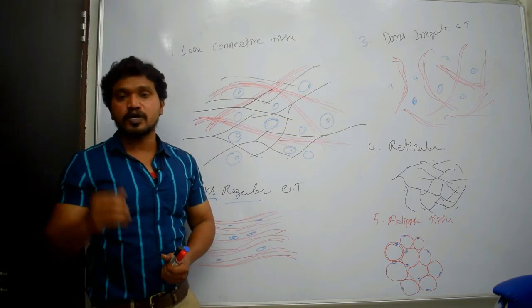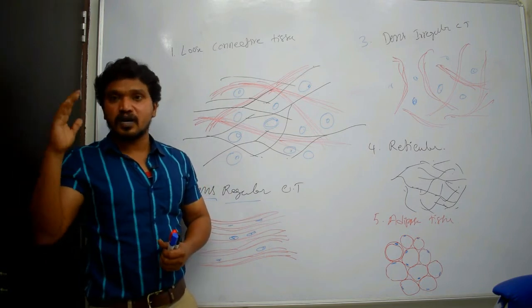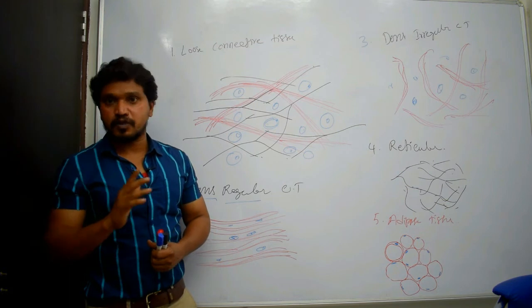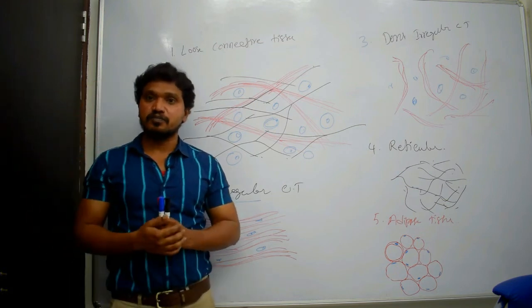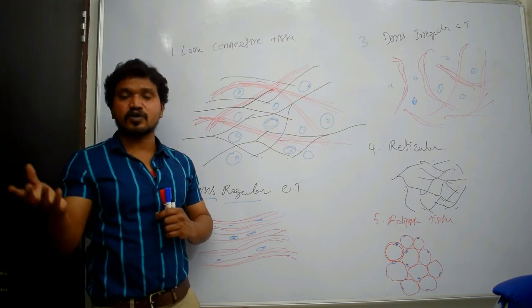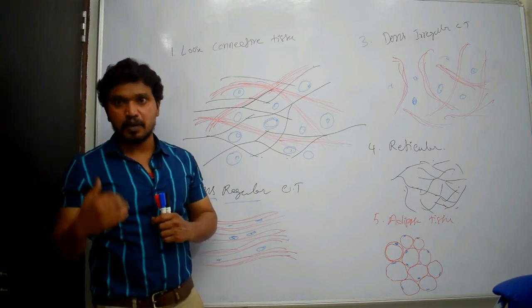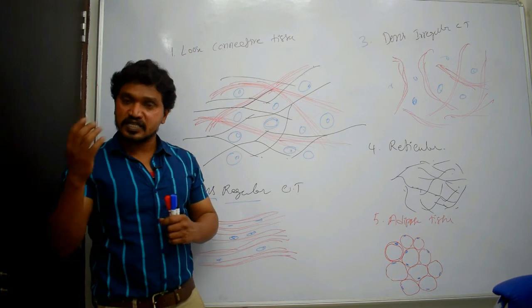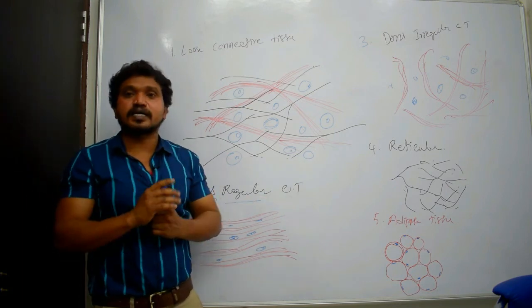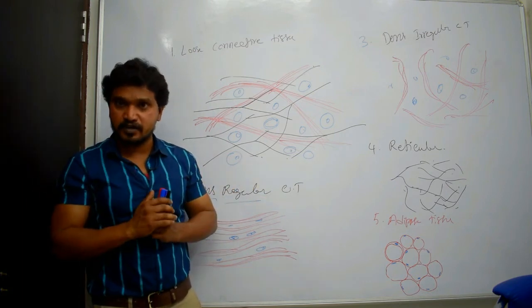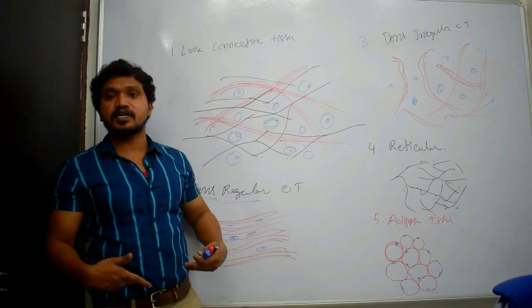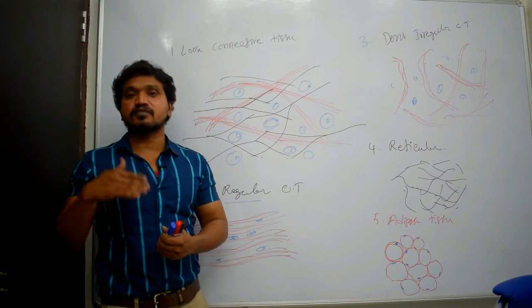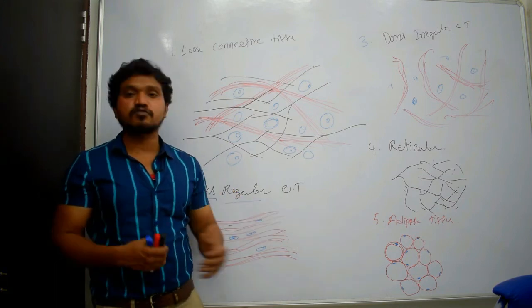It is more abundant in females, to maintain the round contour of some specific body parts. We can find pads of fat in the axilla, called the axillary pad of fat, in the popliteal fossa, the popliteal pad of fat, in the ischiorectal fossa, surrounding the kidney, called perinephric fat, within the peritoneum, in the lower part of the anterior abdominal wall and the anterior part of the thigh. These are a few examples where we can find adipose tissue.